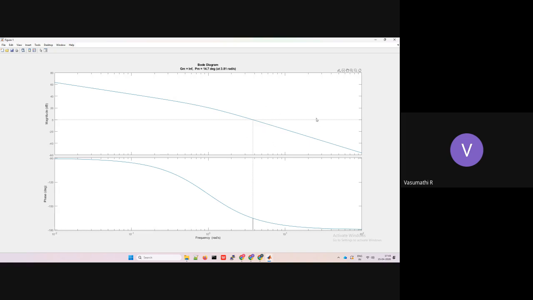So the next step is the phase margin. What is the phase margin? That is around 14, right? The phase margin is 14.7.